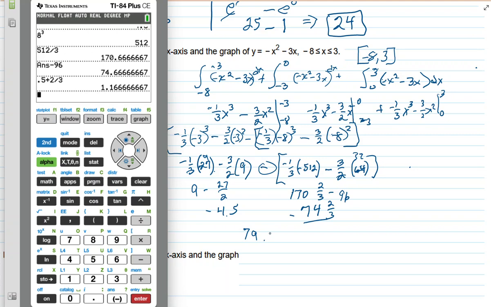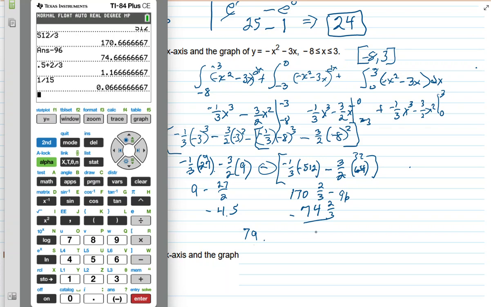So we're going to put here, it's going to be 79 because I added the 1 over, and that's 15th, isn't it? No, it's more than that.